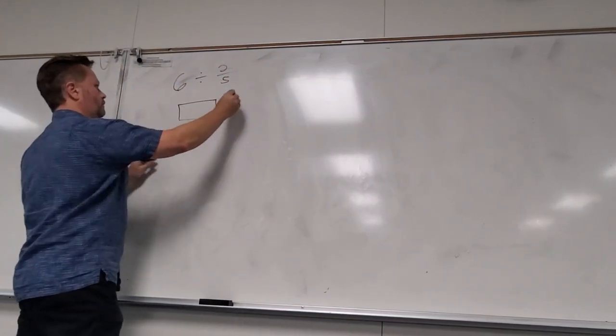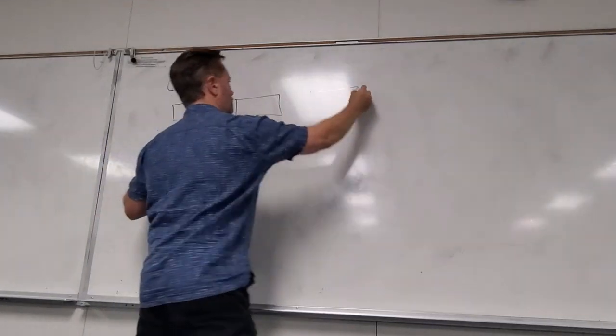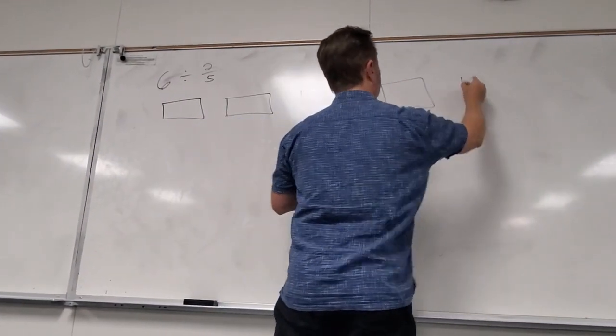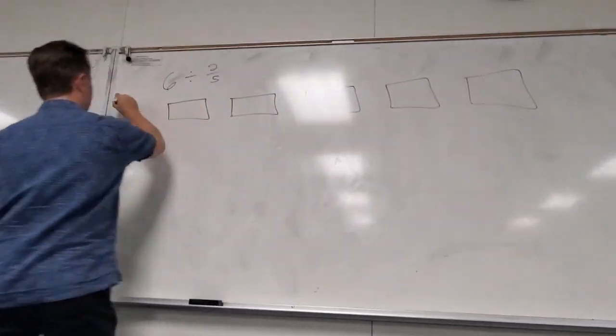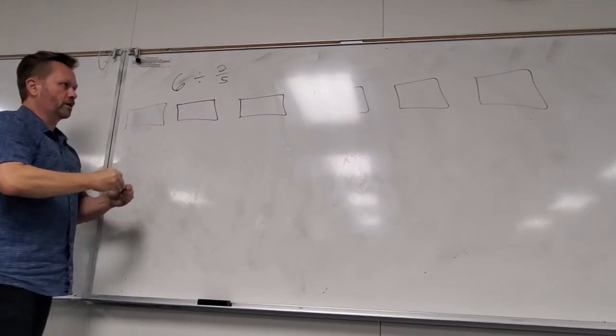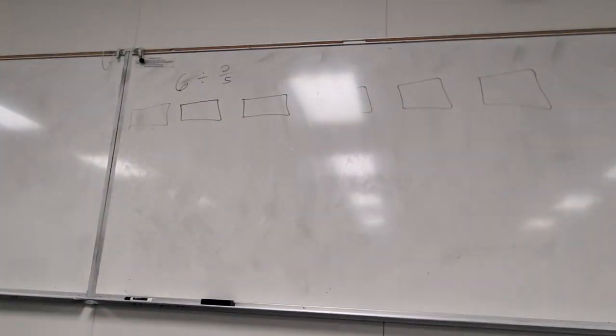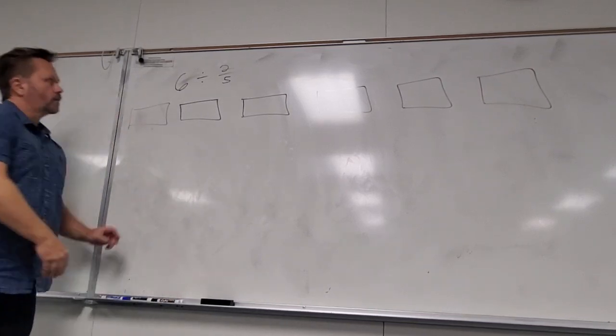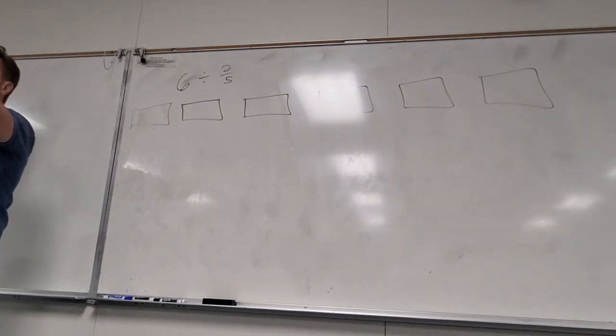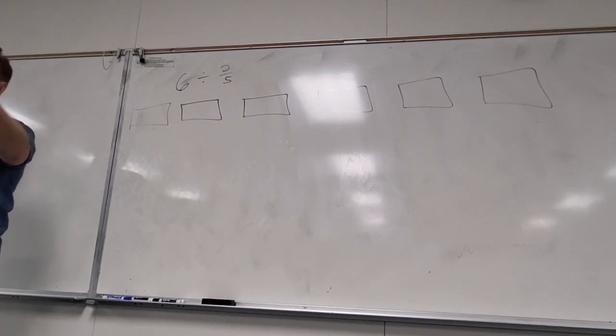So let's do it like this. Then what would I do? You divide the wholes into bits. It kind of makes sense because 6 divided by 2, one fundamental way to look at that is how many 2's fit into 6, right?